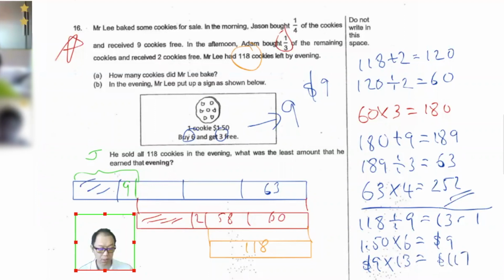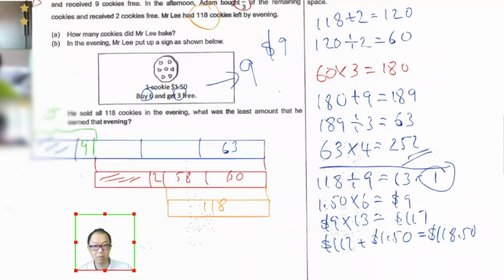And then remember we have the remainder 1. So the additional 1 cookie is $1.50. So we can then take 117 plus $1.50 and get $118.50. That is the final answer.